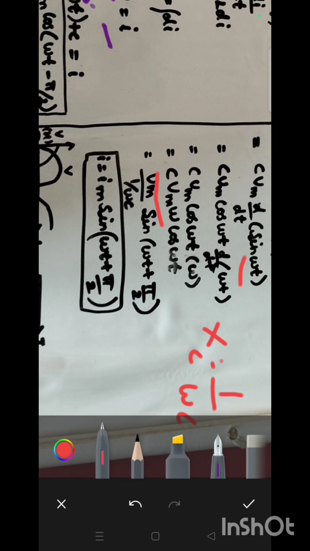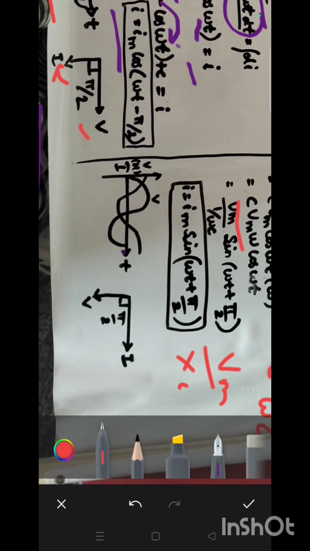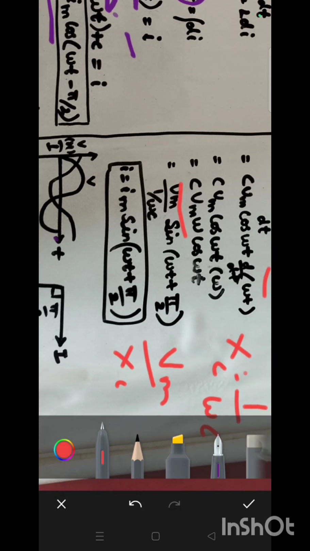Vm by Xc. Xc acts as a resistance. So Vm by Xc is the current. As Xc acts as the resistance, Vm by Xc will be the current. So I is equal to Im sin omega t. Here I have taken plus pi by 2.